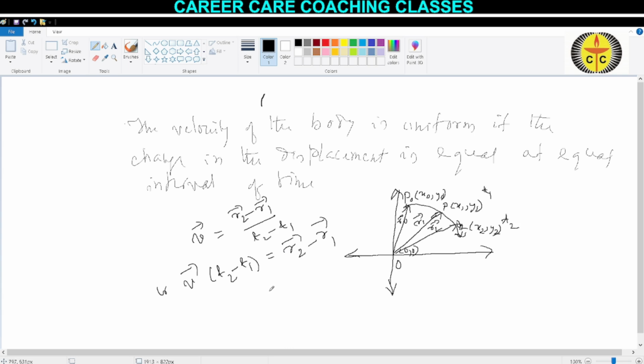So what will be R2? You write R2 equal to R1 plus V(t2 minus t1).